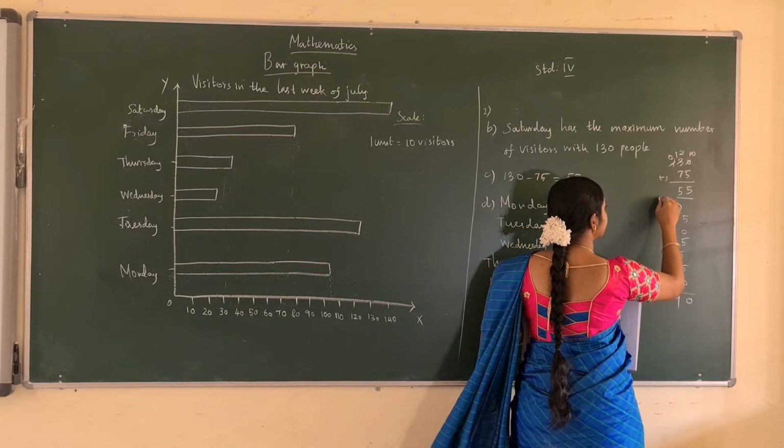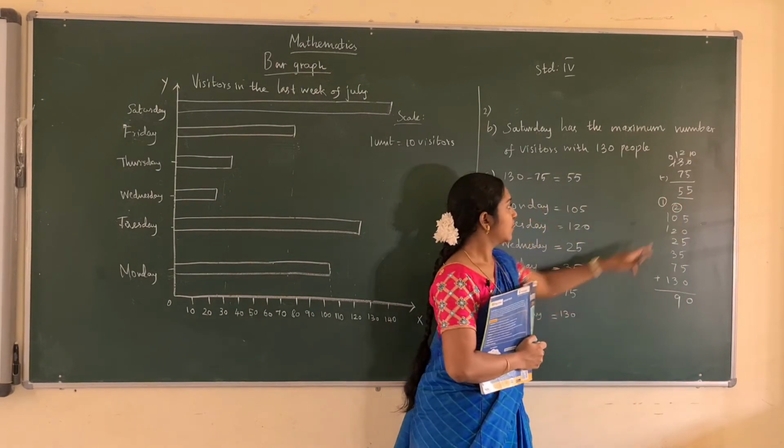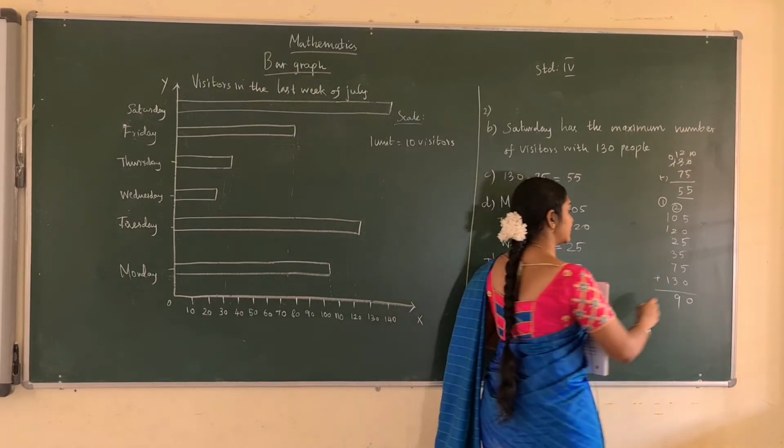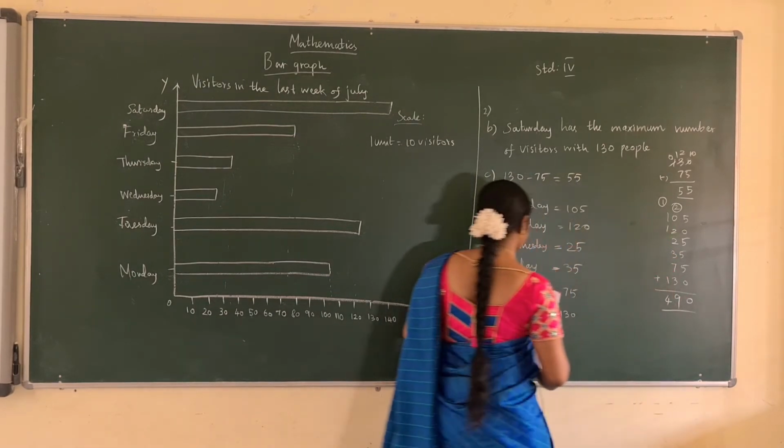So write 9 here and 1 is carried to the next place. 1 plus 1 is 2. 2 plus 1 is 3. 3 plus 1 is 4. So it is 490.